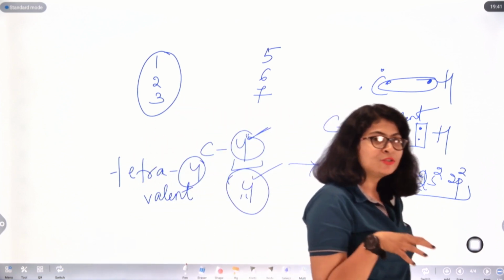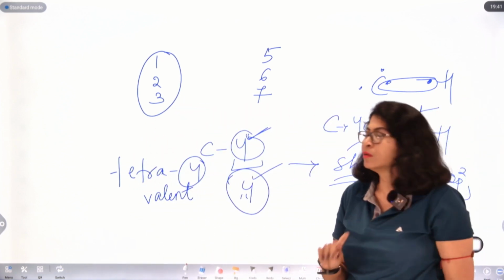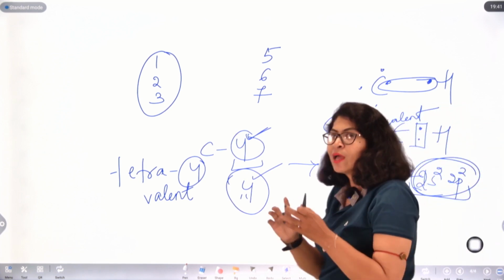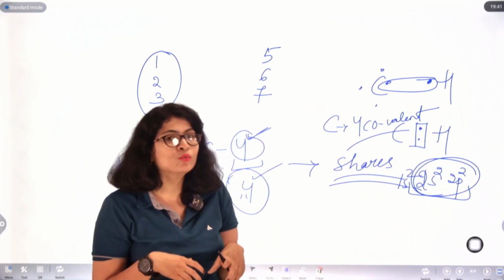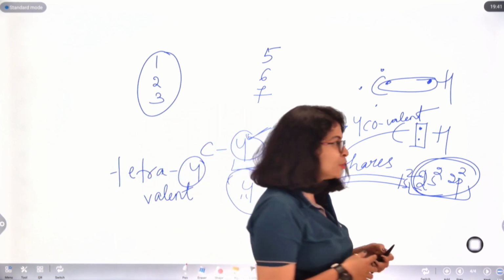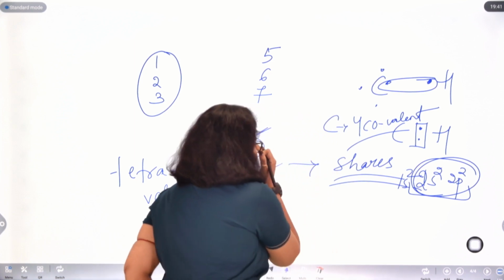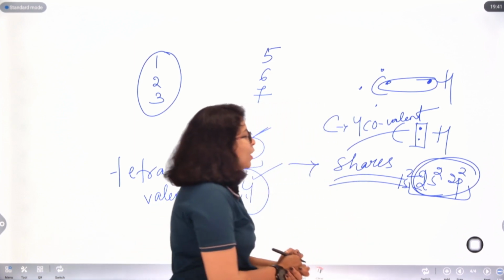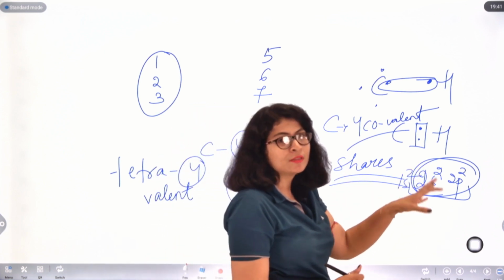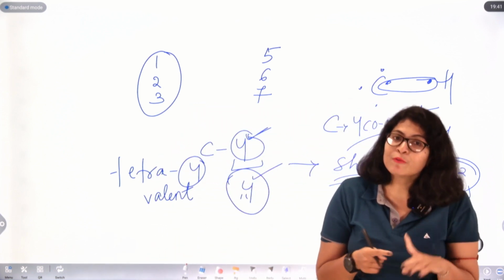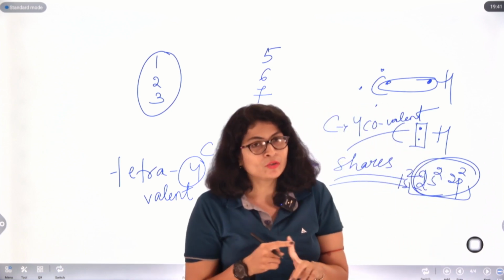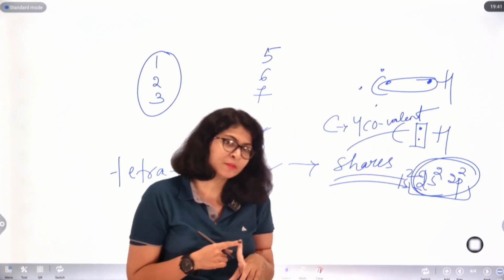Now in its valence shell carbon has 4 electrons, and it needs another 4 electrons in order to satisfy its stable octet configuration. So carbon prefers sharing of electrons with other atoms, and it will share 4 electrons. Therefore, carbon is said to be tetravalent. I hope I'm clear with this point.